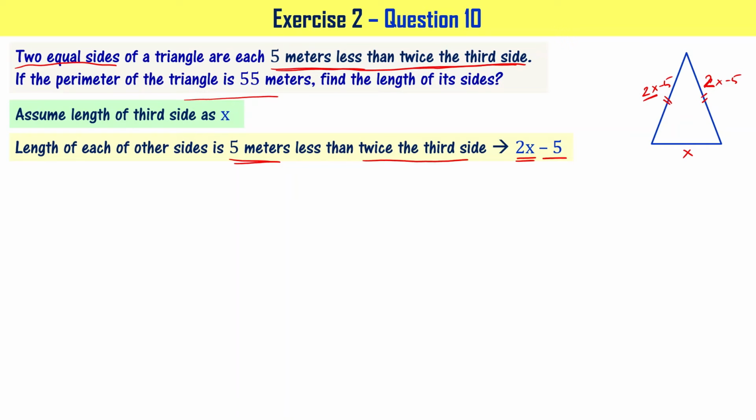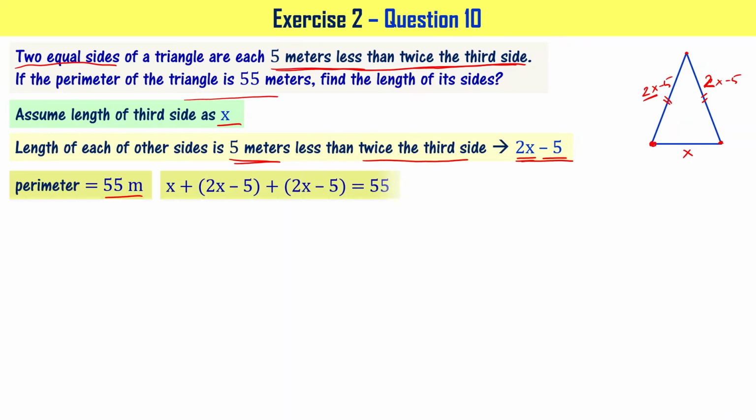So we now have length of all three sides: one side is x, the second side is 2x minus 5, and the third side is also 2x minus 5. Perimeter is given, that is 55 meters. Perimeter is the sum of the lengths of all three sides of the triangle. If you take measure of all three sides and take their sum, then that is going to be the perimeter.